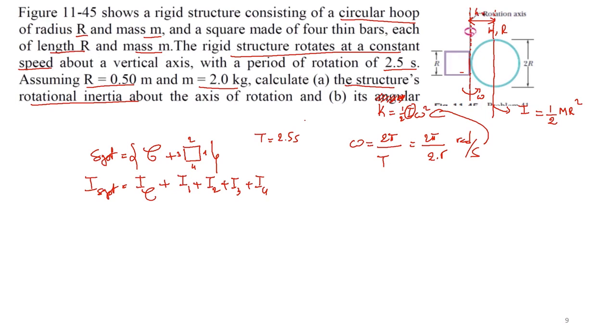So h is equal to r. So my new moment of inertia of my circle is the old one, 1/2 mr squared, plus mh squared, and h is equal to r. So the moment of inertia of my circular hoop is just 3/2 of mr squared. Here I call it capital M, but all the m's are lowercase m, so you just change this to small m. So I know the moment of inertia of my circle around this axis of rotation.